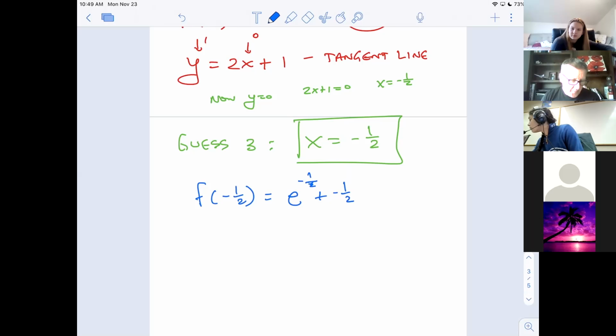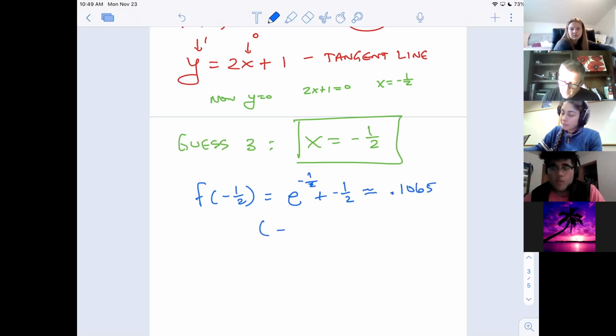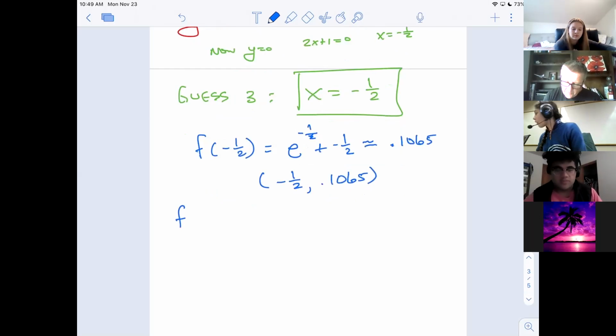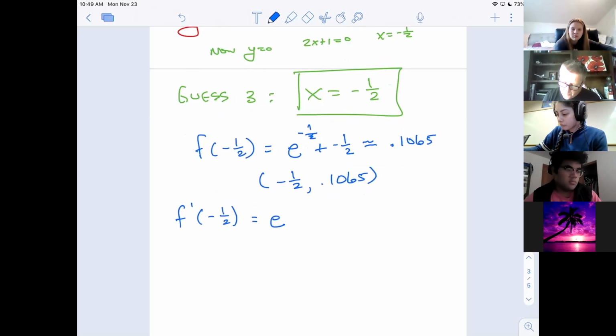So let's see, I got 0.1065 for that. So that means I have the ordered pair. There's my ordered pair. Now I got to go get the slope. This is the last time we're going to do this. So now I stick that same expression into my derivative equation, which was the same thing except it was +1.